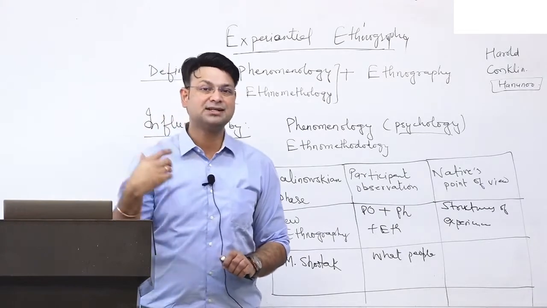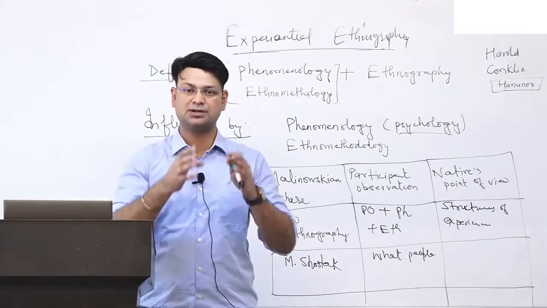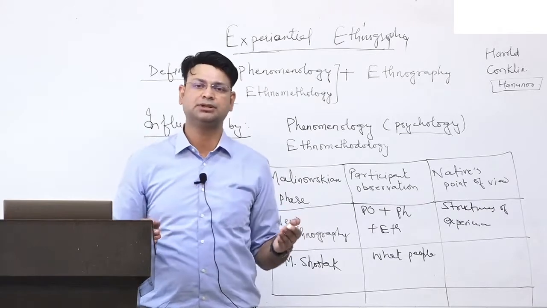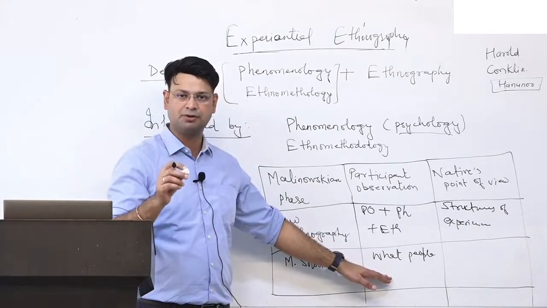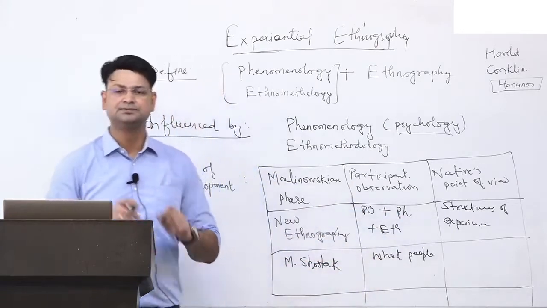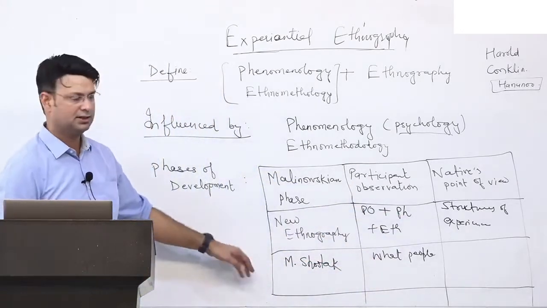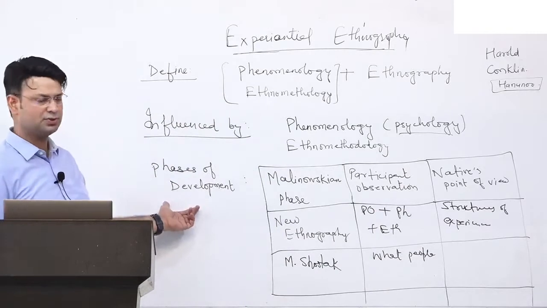One villager, one tribal, just starts talking about themselves. Marjorie Shostak took note of the Nisha, the Kung woman, and that was represented here. So that is the third phase. These are the phases of development.